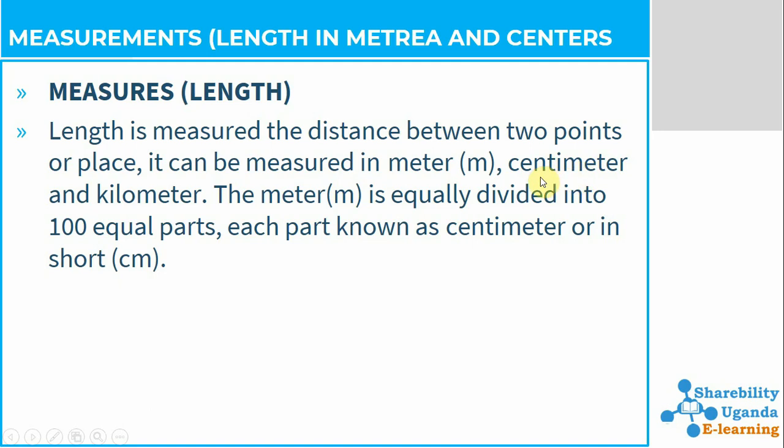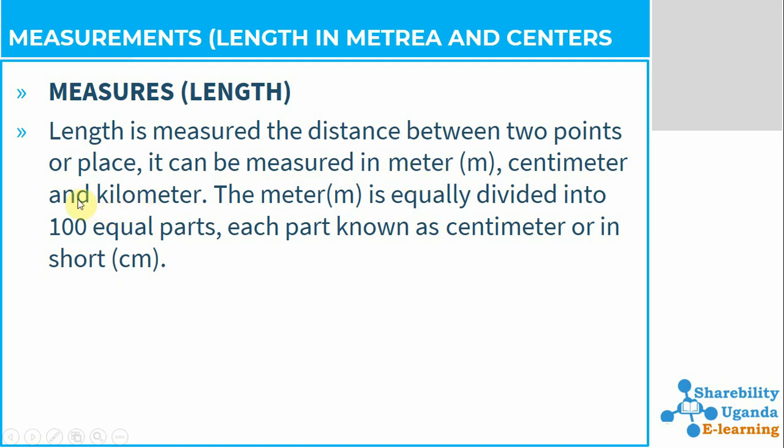When you open up your set right now and check for a ruler, you'll be able to see the figures written there are in centimeters. Their shortcut is cm, meaning centimeters. That means a centimeter is smaller than a meter.